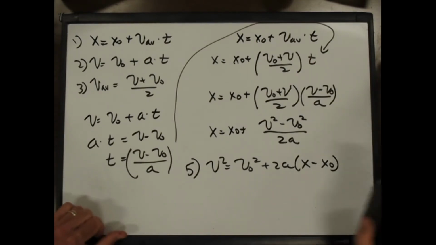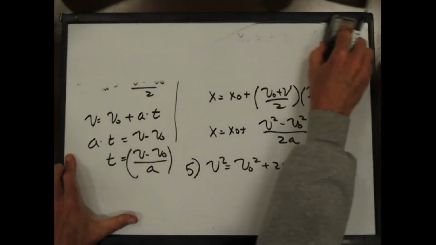And so now we have 5 equations, and for kinematics, these are probably the 5 important equations.